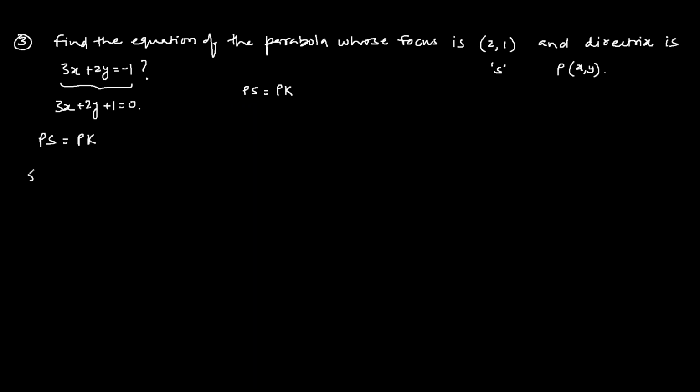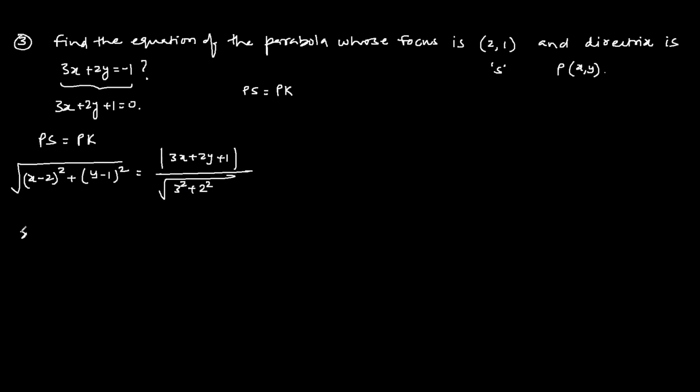So for PS, PS is the square root of (x minus 2) square plus (y minus 1) square. It is the distance between point P and S. And for PK, we have to write mod of (3x plus 2y plus 1) divided by the square root of 3 square plus 2 square.